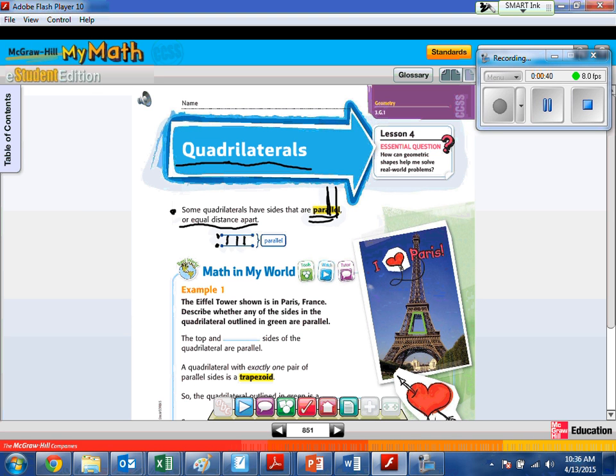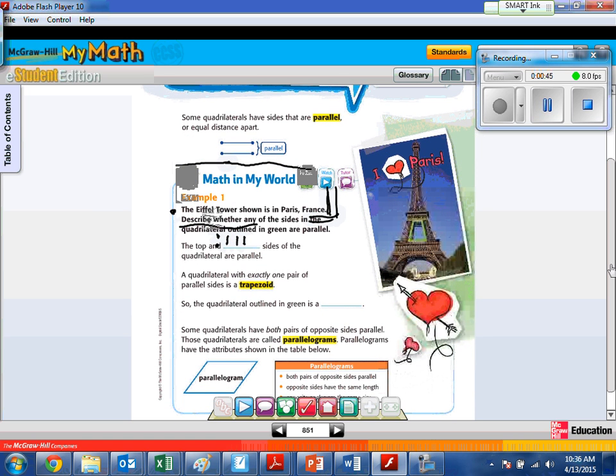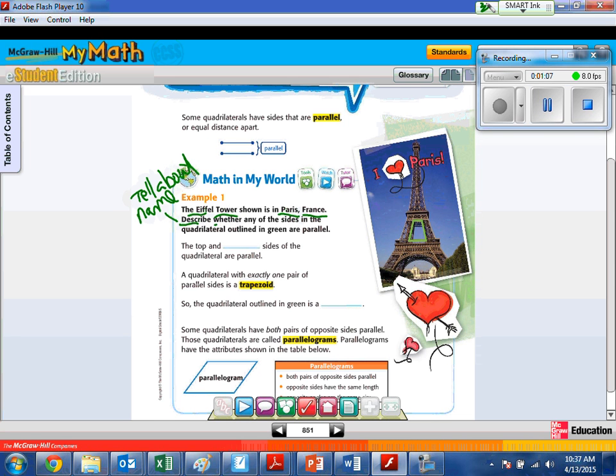Okay, so now let's take a look at some examples that we have. So starting over with Math in My World, number 1. Let me just get rid of this stuff right here. Go ahead and follow along with me. It says, the Eiffel Tower, shown in Paris, France, describe, that means we're going to go ahead and tell about or name whether any of the sides in the quadrilateral outlined in green are parallel.